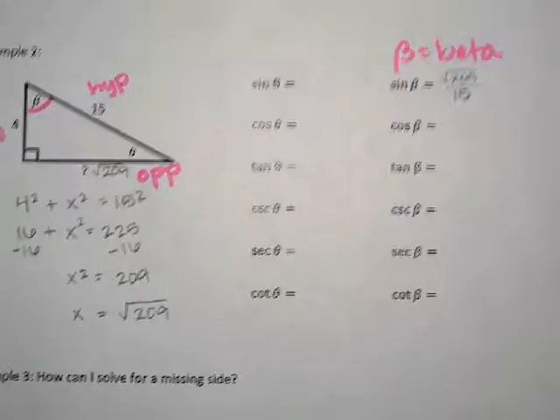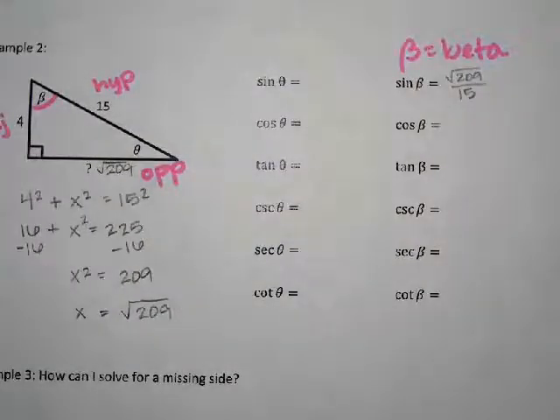And if we were in Math 2 right now, we would look at the root 209 and try to reduce that. But we're not in Math 2, we're in Math 3. And in Math 3, they don't really care. So you could try to reduce it, you could not try to reduce it. In most situations, it won't matter. For the EOC, it especially doesn't matter because you have a calculator for the entire EOC. So on your test, it just really doesn't matter.